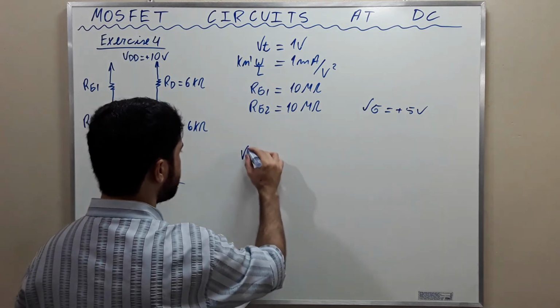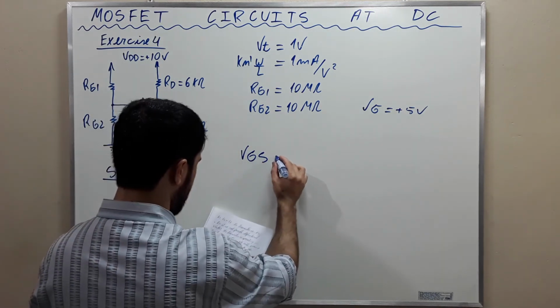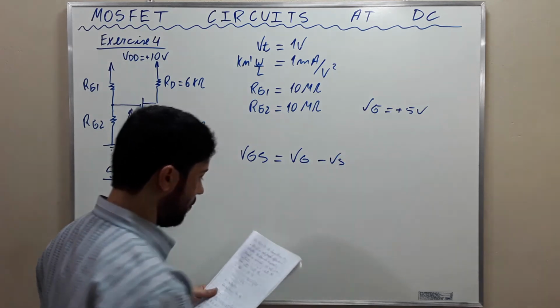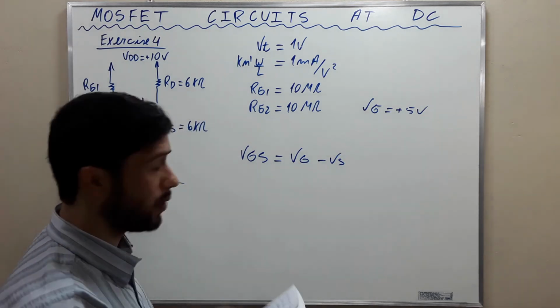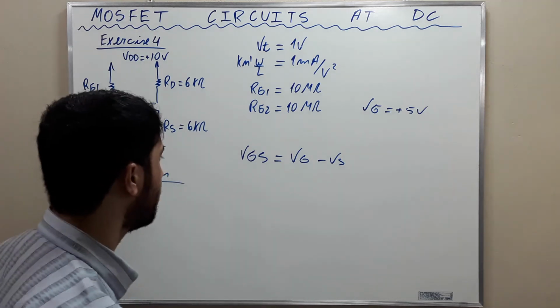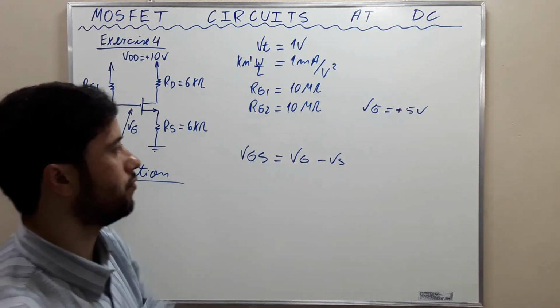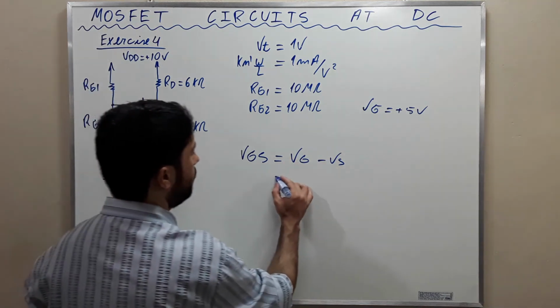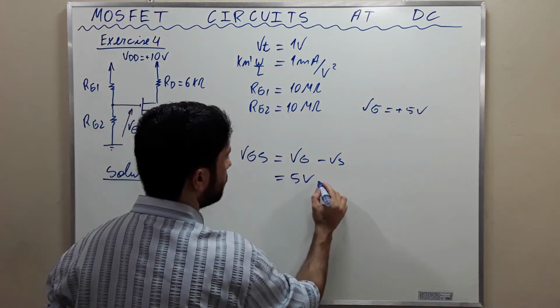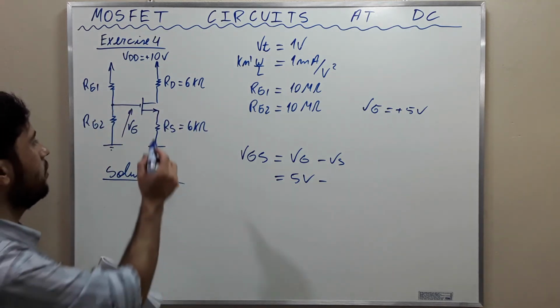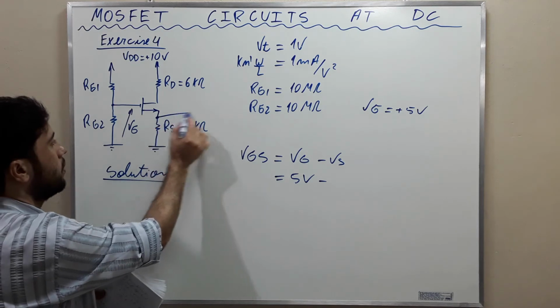VGS is equal to VG minus VS. Obviously, okay, we are assuming saturation already. VG is 5 volts, we already know. But we don't know yet VS. VS is here, okay?